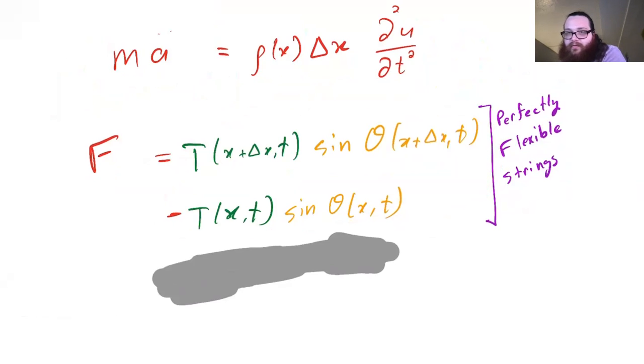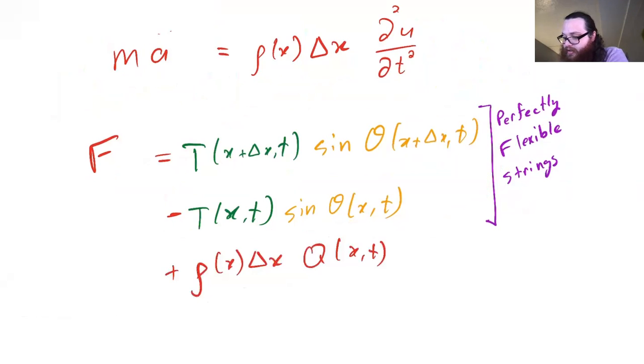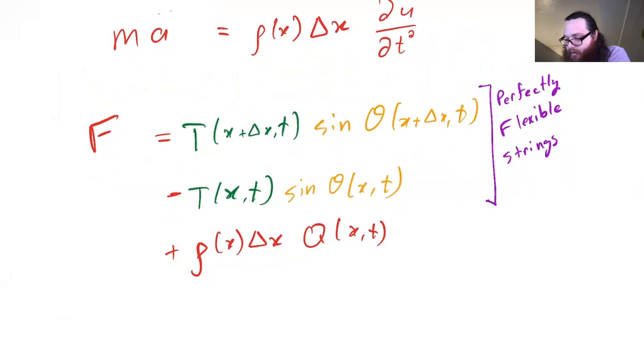But we also want to allow for black box, external forces, maybe gravity or some sort of load sitting on the string is also affecting its behavior. And so for that, we're going to add this black box term, this q of x t, which before we used for source, now we're using for a catch-all for whatever the force is.